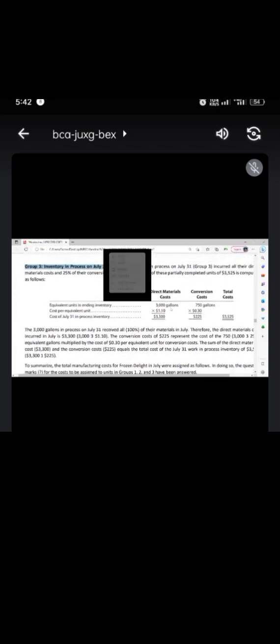Guys, si group 3, pila ito ka galon ang kang group 3? 3,000. Okay. Ang EUP niya for direct materials, pila ka percent ang materials niya? 25%.